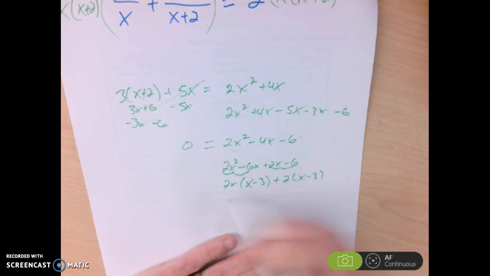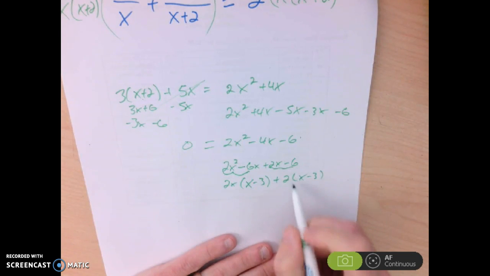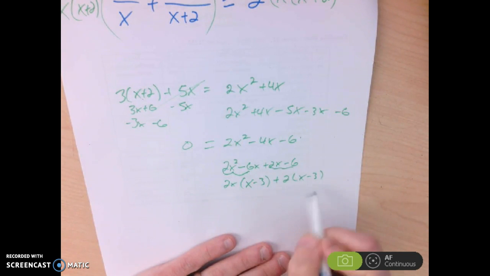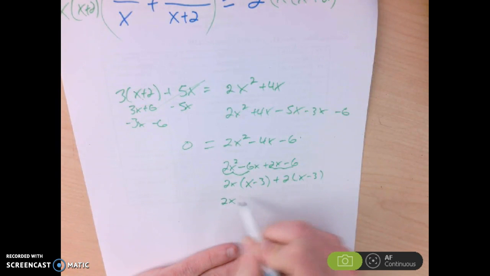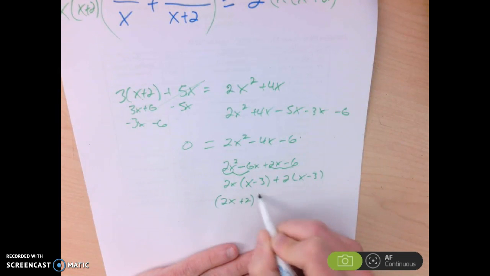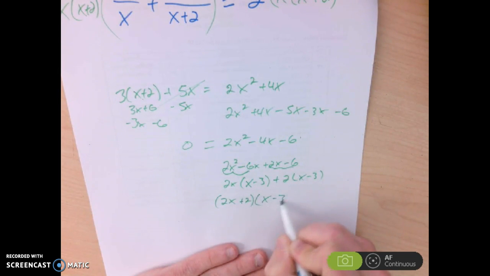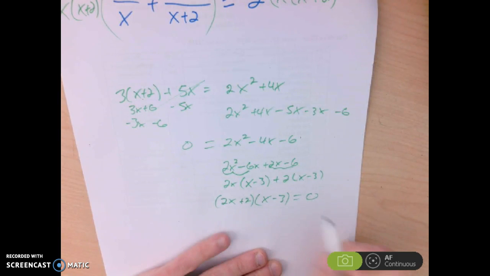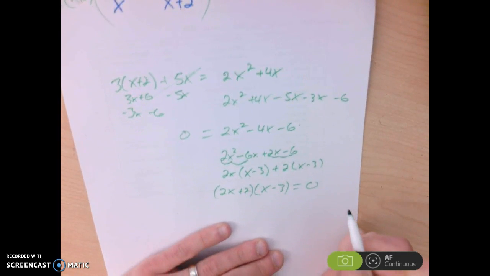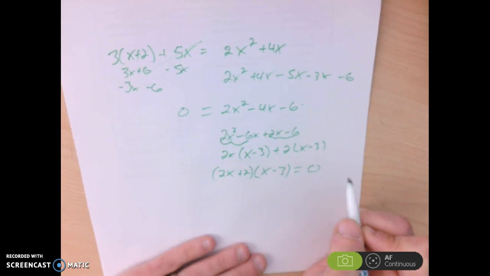So now if I bring those together, if I factor out my x minus 3 basically, I'll get 2x plus 2, times x minus 3. And that equals 0. And then my 0 property of equality tells me to set both of these equal to 0, right?